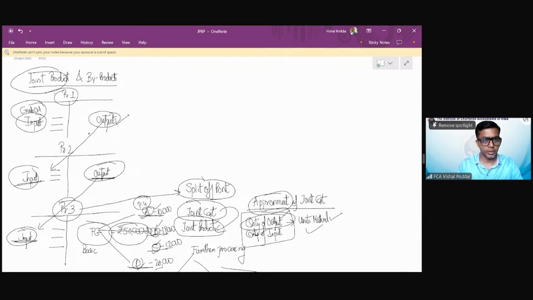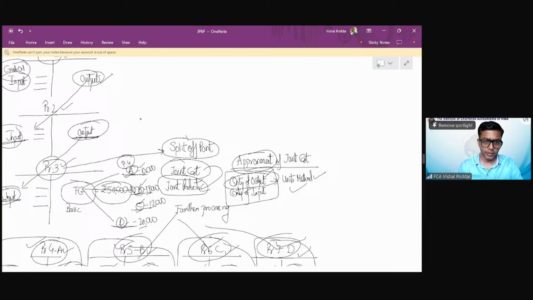What they do is, in different stages, they refine this crude oil. And as they go on refining, they get different products. Now I will name these products. A is, let us say, petrol. B is diesel. C is kerosene. And D, here is your byproduct, which is grease.